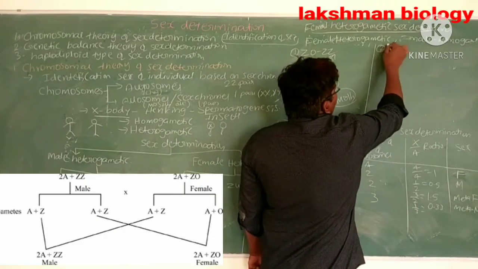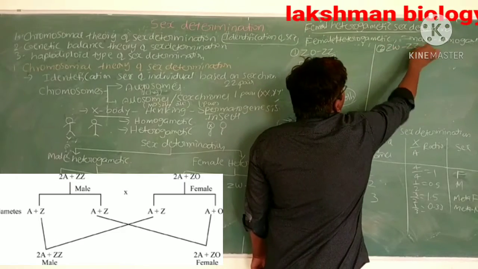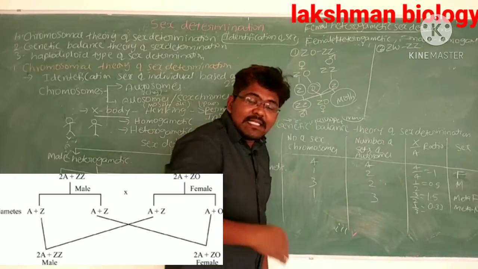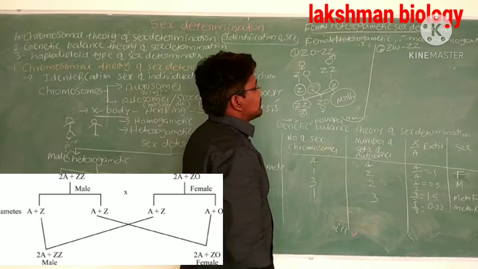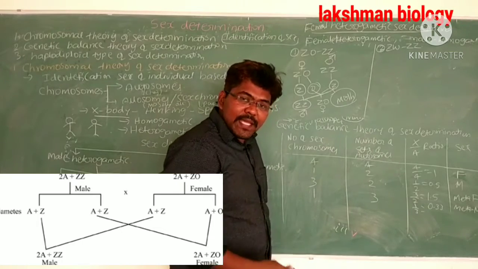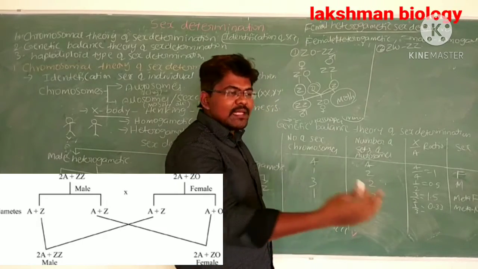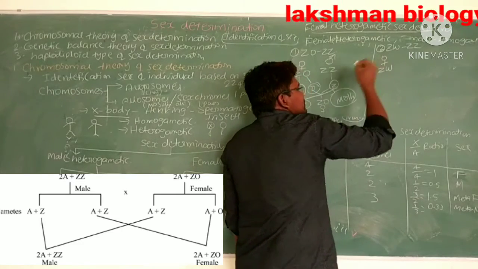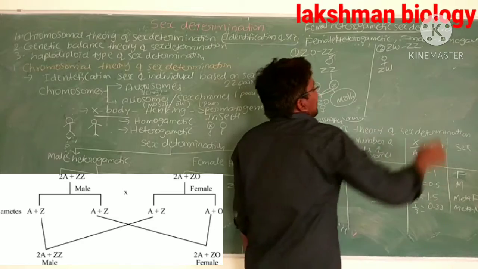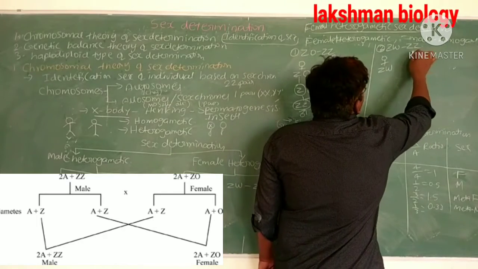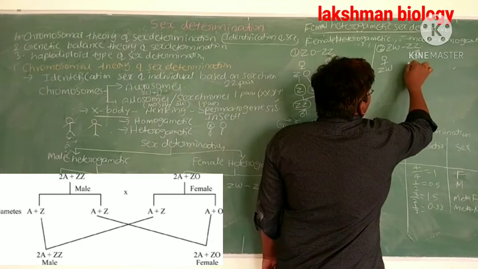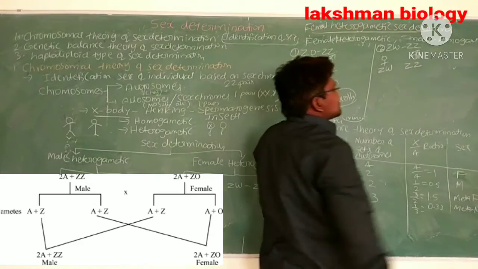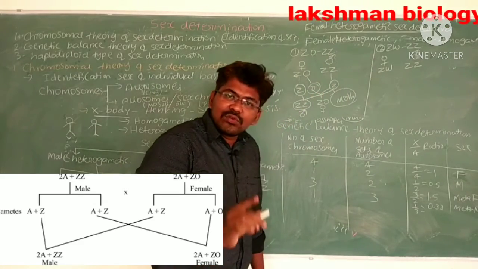Next, the second one is ZW-ZZ type of sex determination. In ZW-ZZ type, the female is heterogametic and the male is homogametic, meaning the female contains two types of sex chromosomes, ZW, and the males contain one type of sex chromosome, two Zs.